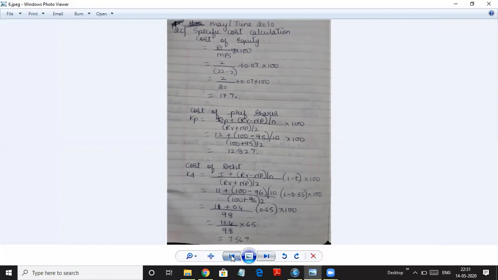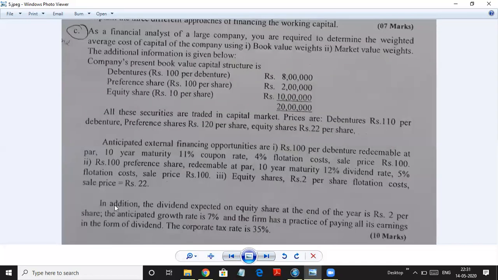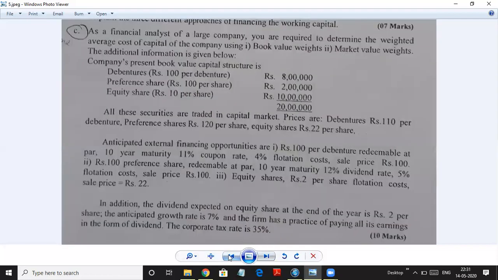So here are the values given. See here, in the last paragraph they've told us the dividend expected on equity shares at the end of the year is rupees 2 per share and the growth rate is 7%. So I've taken dividend 2 rupees plus the growth rate 0.07. Now what is the market price of equity?